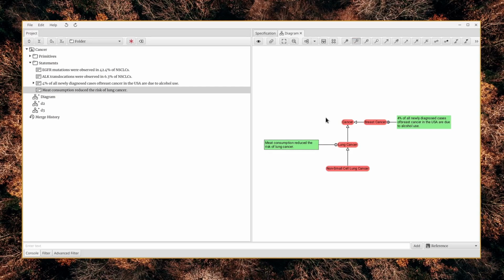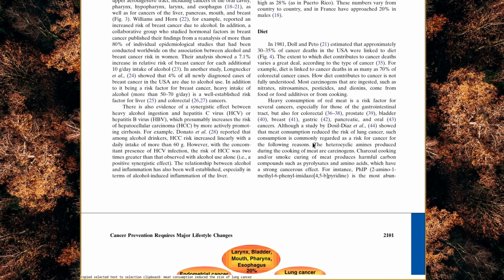Interestingly, I found a statement that contradicts the one that was created previously. The heterocycle amines produced during the cooking of meat are carcinogens.